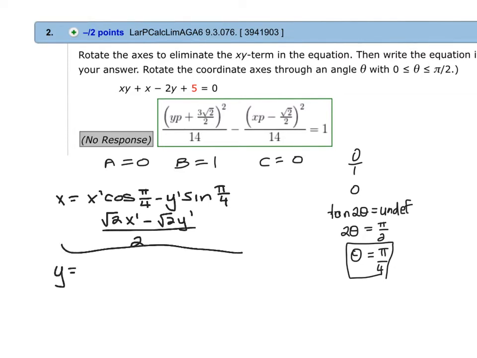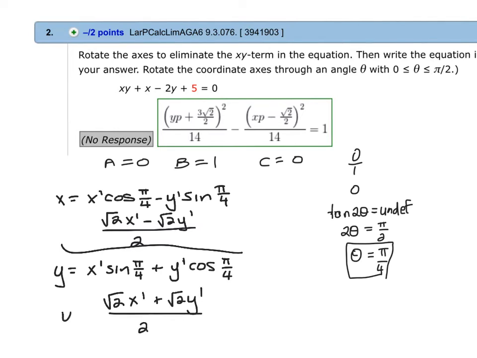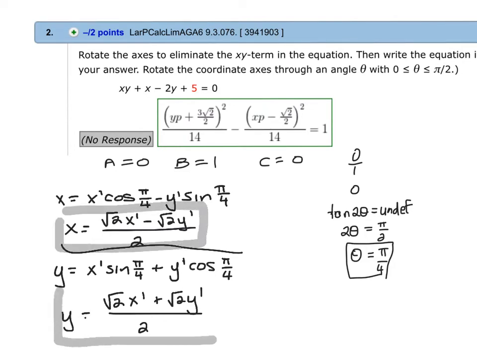And the y is x prime sine pi over 4 plus y prime cosine pi over 4. So this is root 2 x prime plus root 2 y prime all over 2. So there's your x and there's your y.